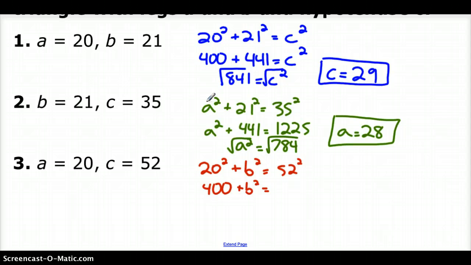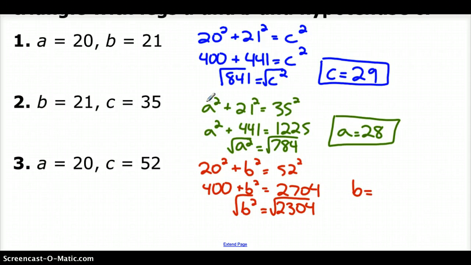That gives me 2,704. Doing a little bit of subtraction, I'll subtract 400 from each side, and that leaves me with 2,304. Then I'll take the square root of each side, and that should give me my answer for my other leg. This finally gives me 48.